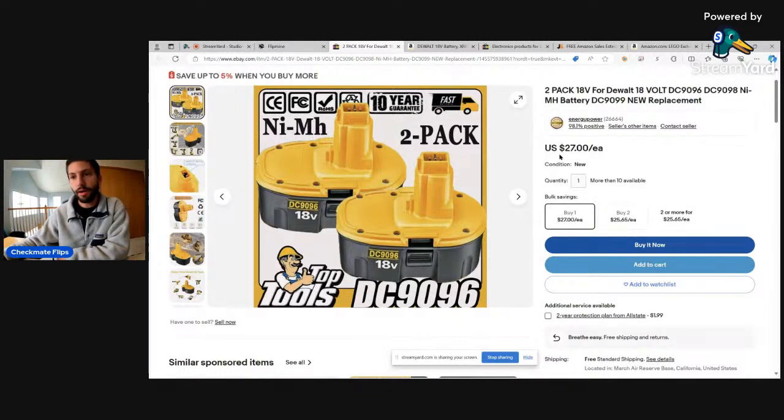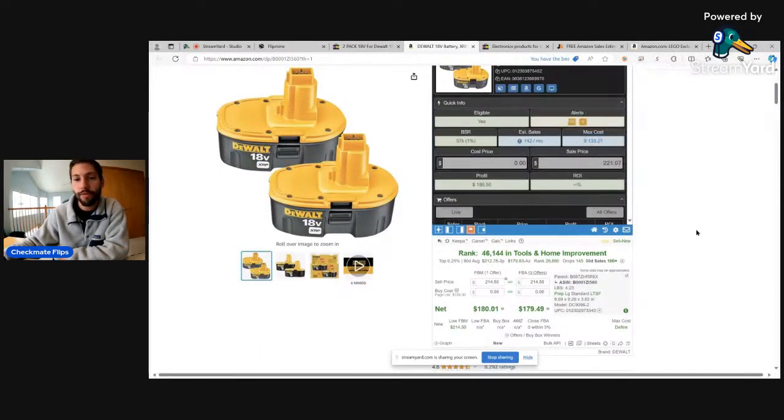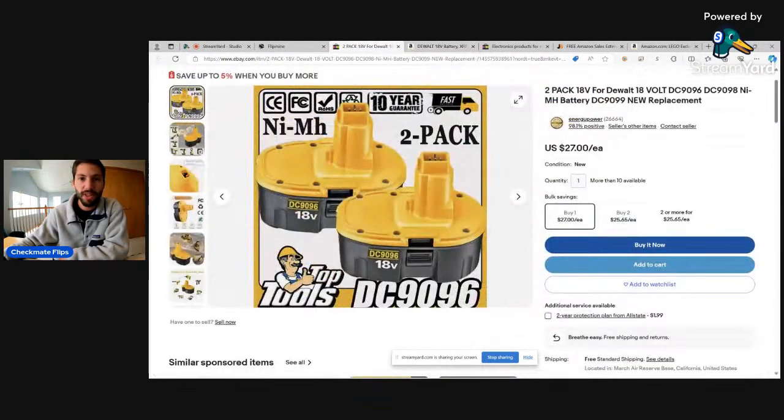There are listings where they try to act like they are DeWalt, and those are counterfeit listings. But this is even worse than that. They're not even advertising to be DeWalt. They are saying this is a replacement battery for DeWalt. It's an aftermarket for DeWalt.